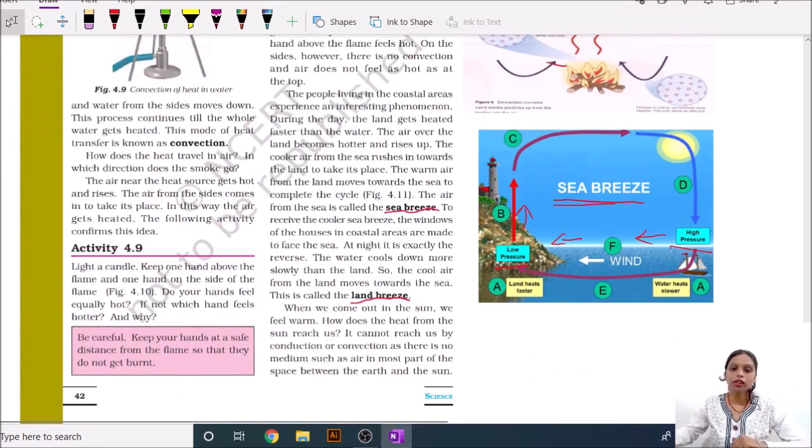Sometimes in the daytime, the land becomes hot more quickly than the sea.